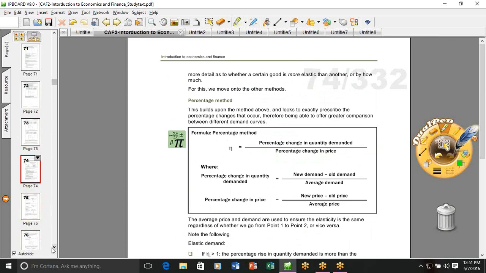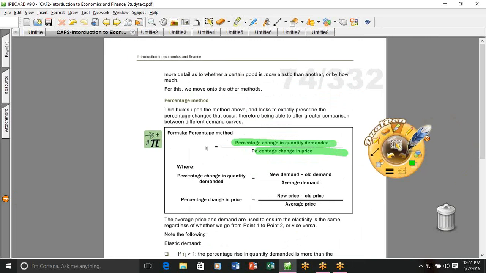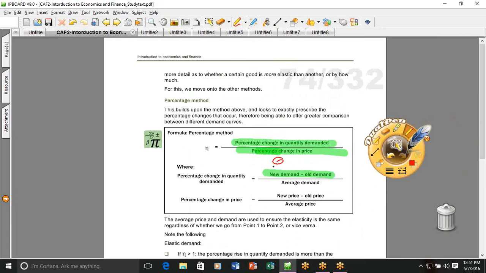ये मेथड कल पढ़ेंगे. ये द परसेंटेज चेंज इन प्राइस, न्यू डिमांड माइनस ओल्ड डिमांड, Q2 minus Q1, and average.